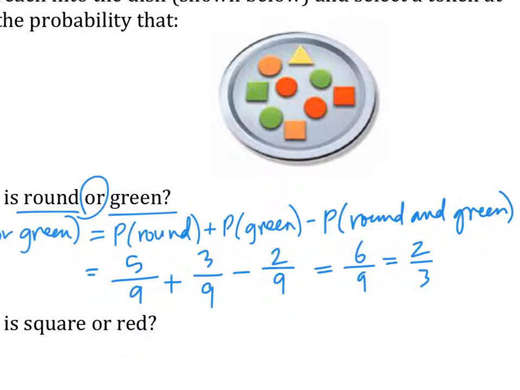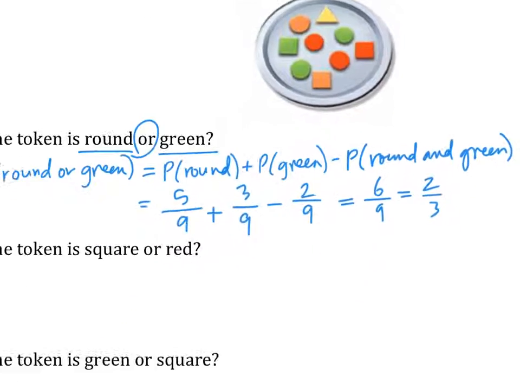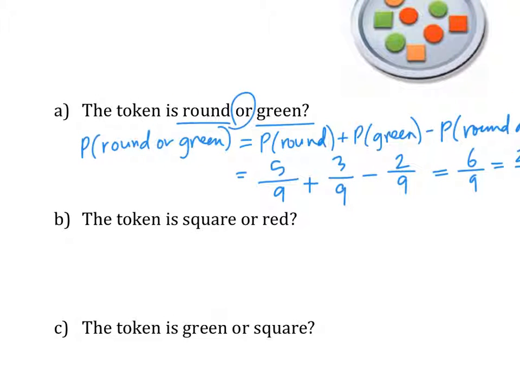Good? Okay, so when you see or problems, because you could have things that can happen at the same time, you have to make sure that if they are not mutually exclusive, you have to subtract it out. Okay, so let's have you try one. The token is square or red.